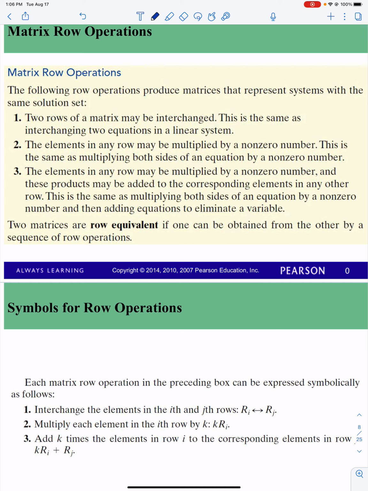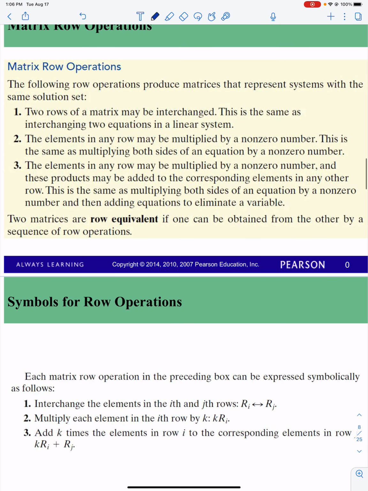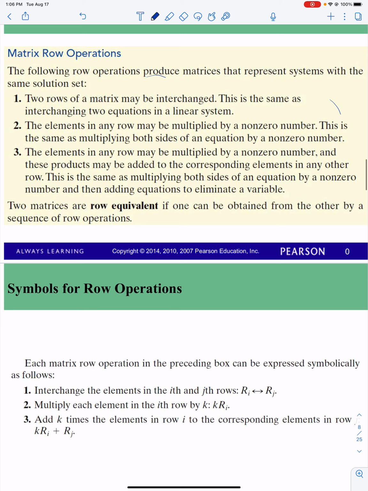So what could you do? Okay, so these are the words as a mathematician, that's too much. Okay, so what will be the simplified version? Okay, so it will be these things. Okay, so if you have a row equivalent matrix, you can do these steps.